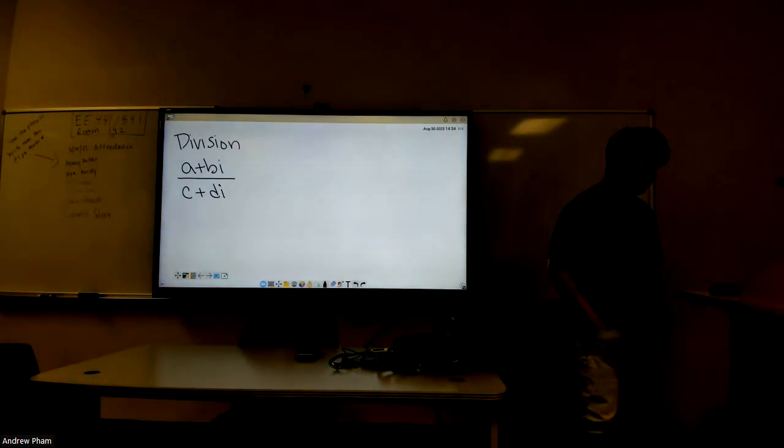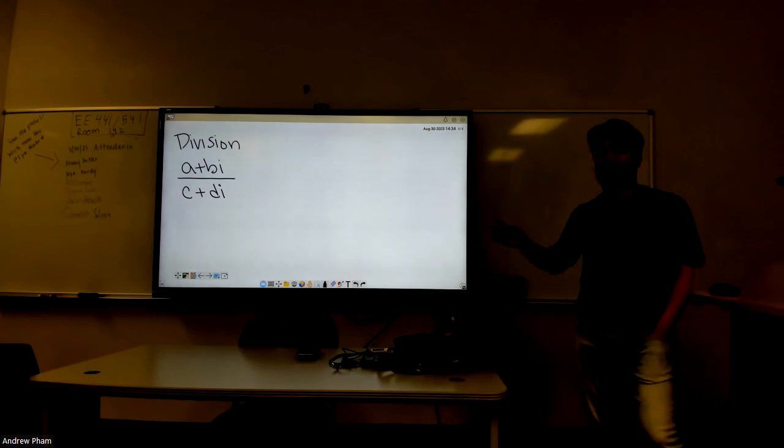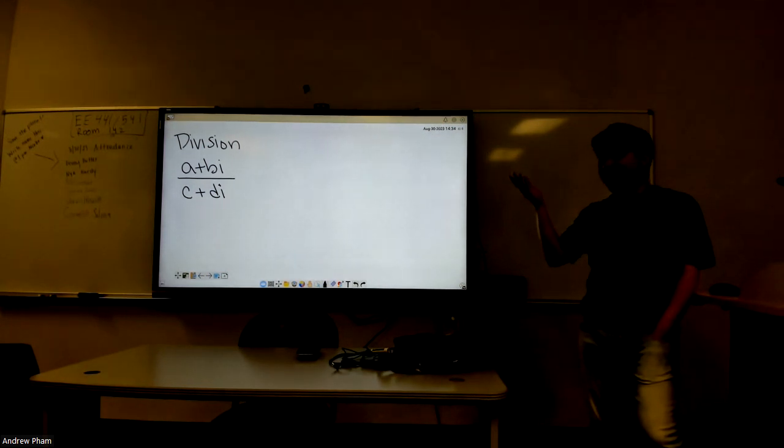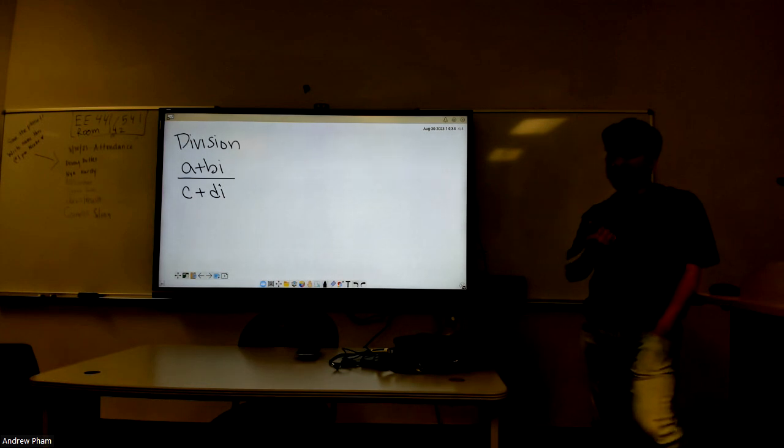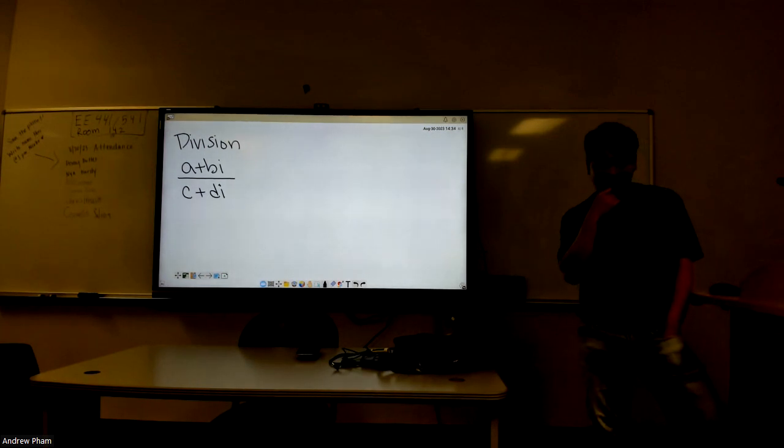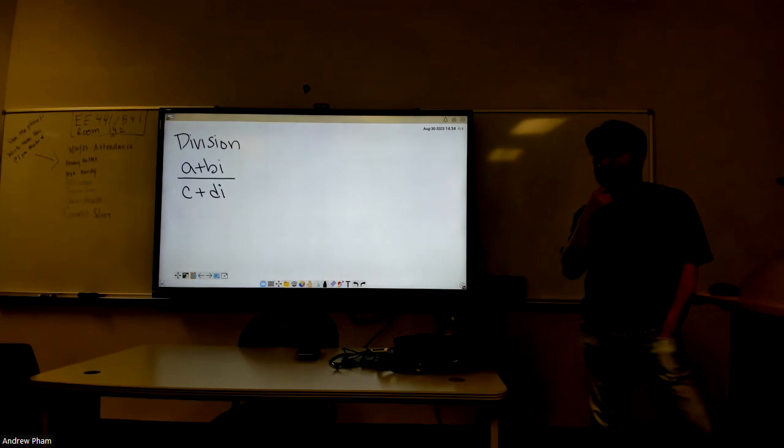If I look at something like this and I have i on the bottom, in my denominator, I have an issue with having i in my denominator. What's the problem, more or less, of having an i on the bottom? This is actually going to tie back to an old rule that you've probably heard before. What is i equal to?